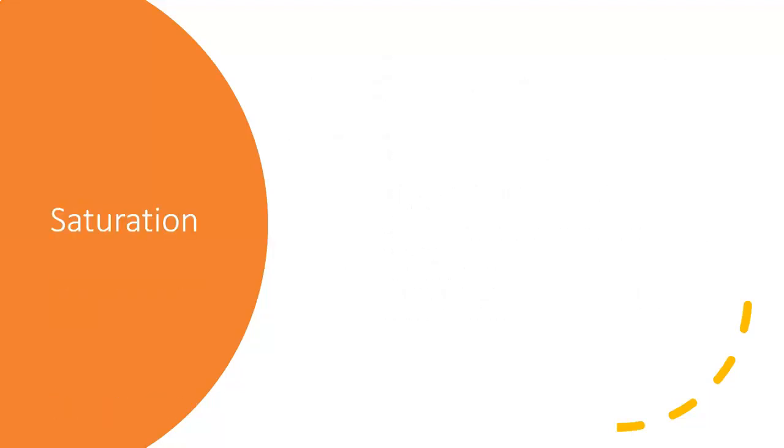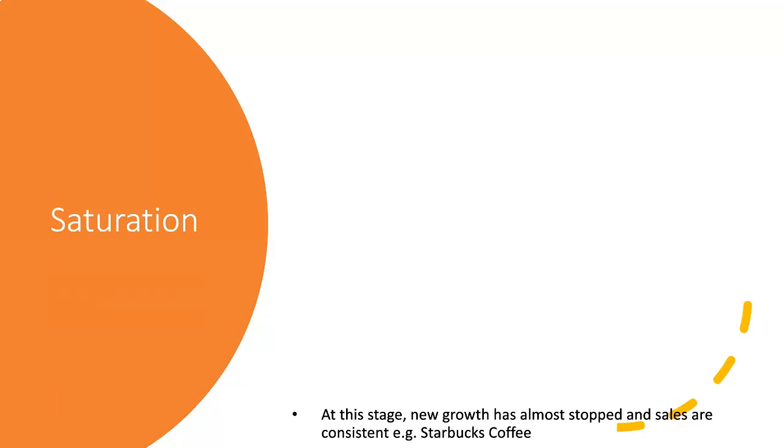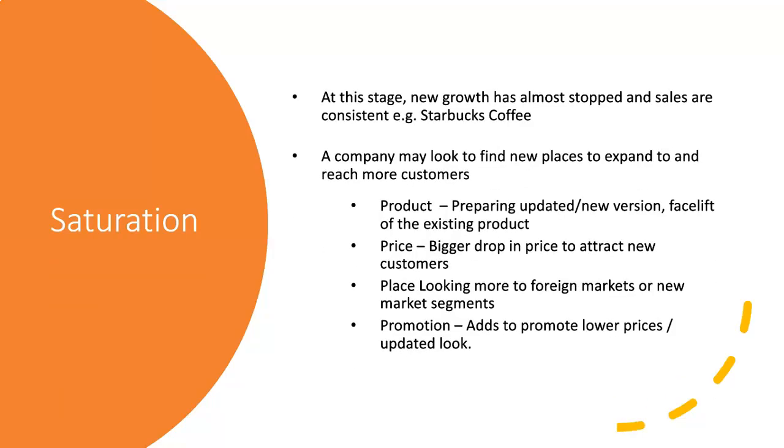That is called saturation. At this stage, new growth has almost stopped and sales are consistent, for example, Starbucks coffee. A company may look to find new places to expand to and reach more customers. Product. Prepare and update new version, facelift of the existing product.